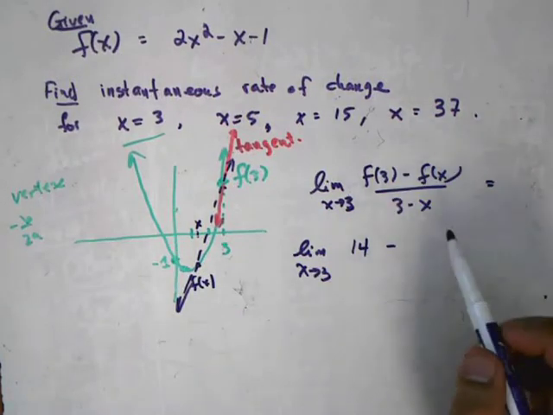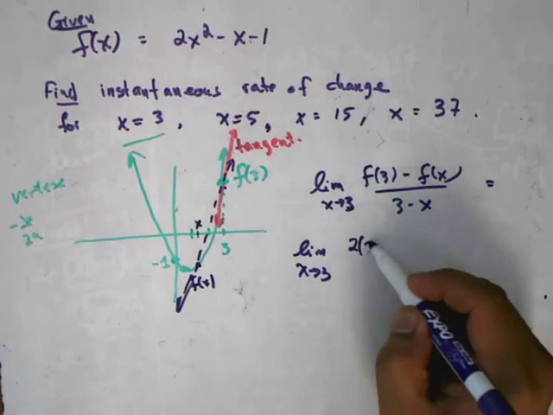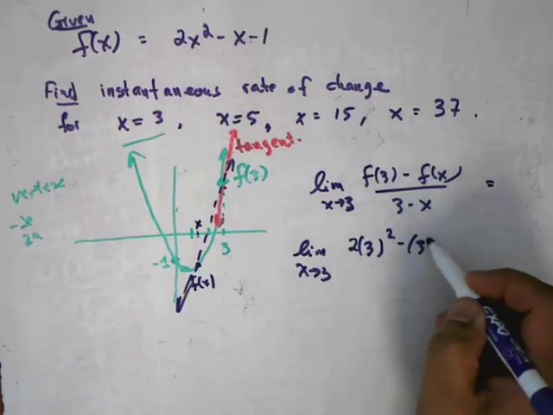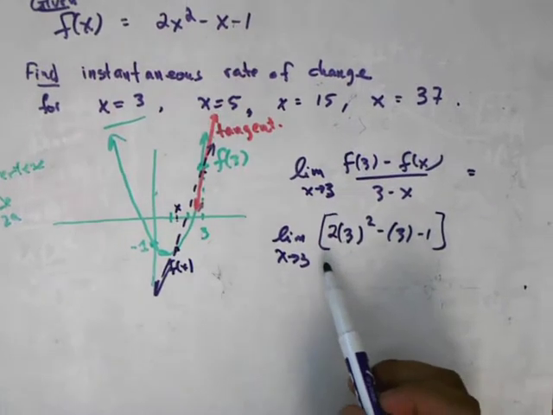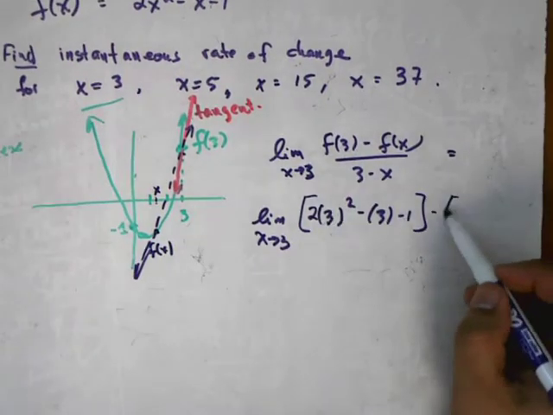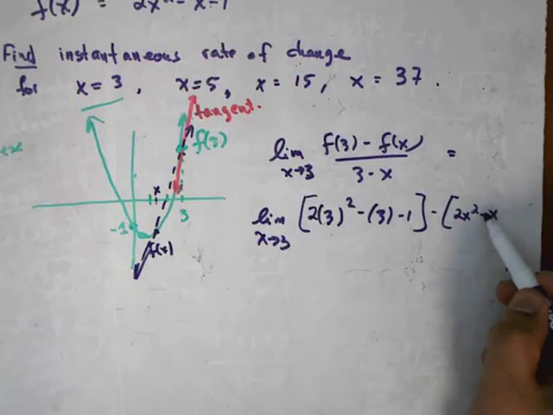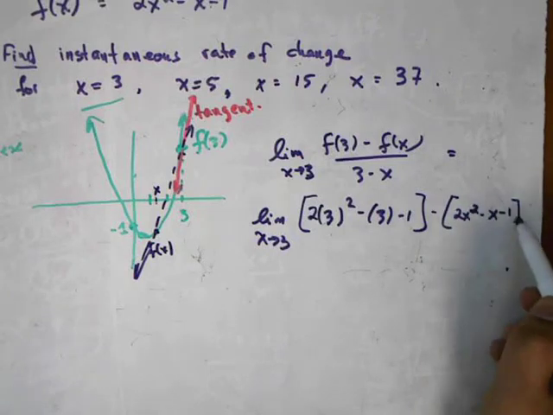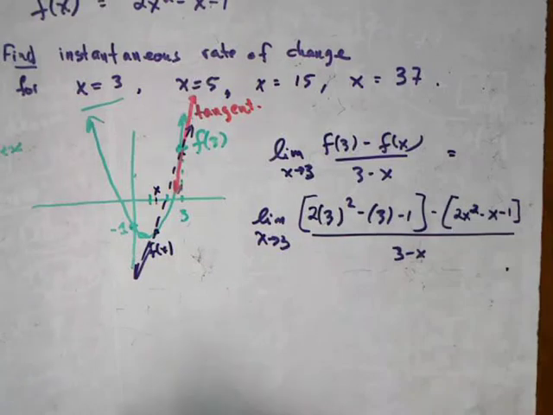Let me do this the right way here: 2 times 3 squared minus 3 minus 1. That's the specific value of 3, and then minus the generic value, 2x squared minus x minus 1. All of this over 3 minus x.